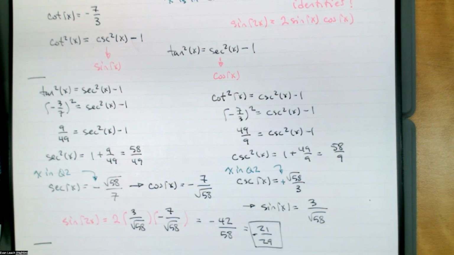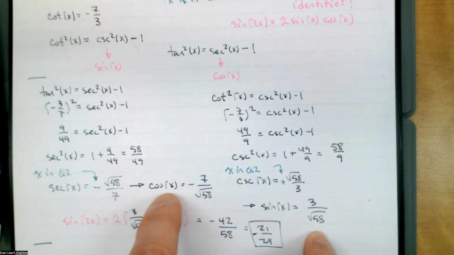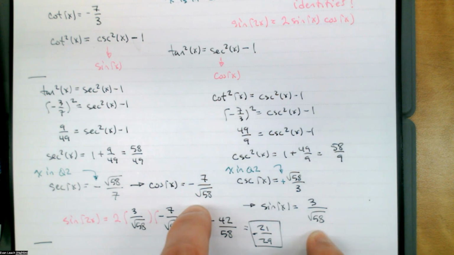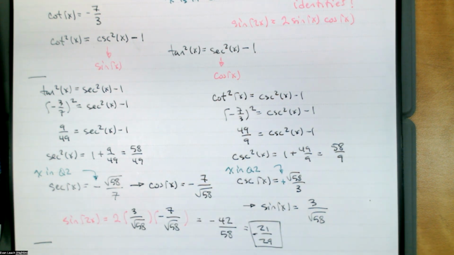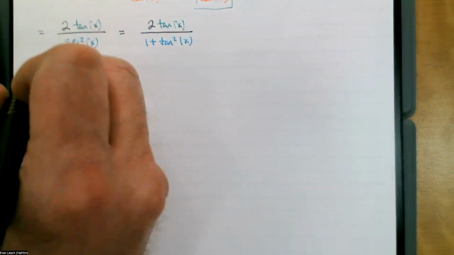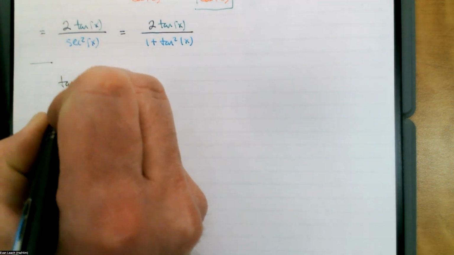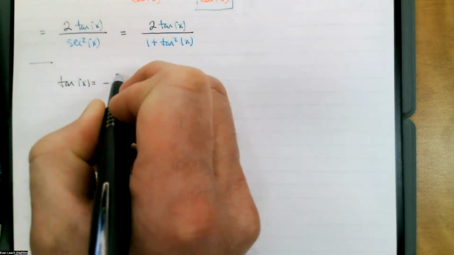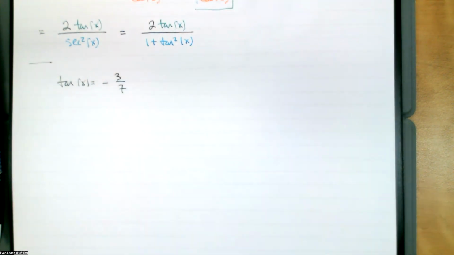This is, of course, not the only way we could have got at the sine and cosine. Notice that our sine and cosine had a -7 and a 3, and then they both had this square root of 58. Why do they both have a square root of 58? The sine involved 3, the cosine involved 7.